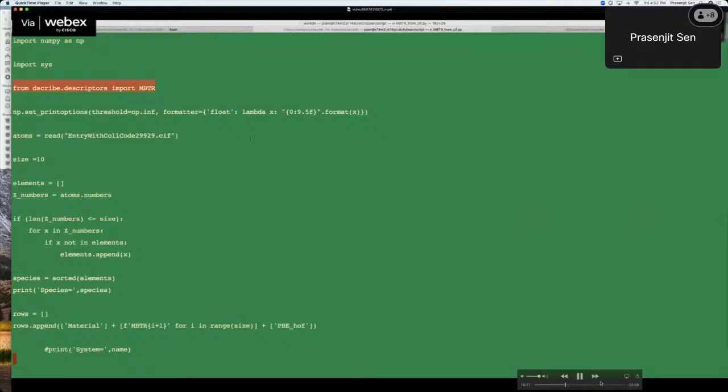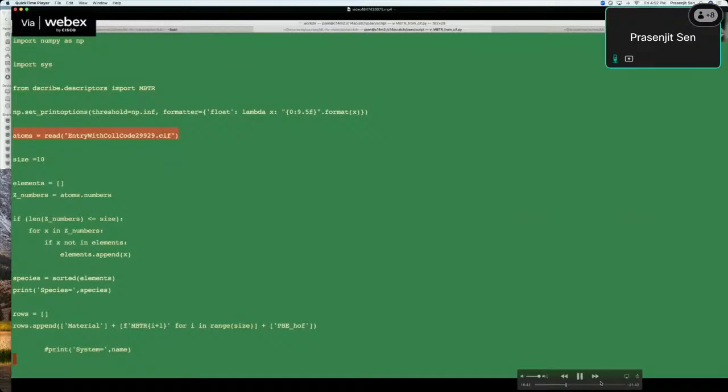From the Describe descriptors, you import MBTR. So what is that library, what is that function that you have to import from Describe? You can check the GitHub page of Describe, go to their documentation and check it. So when you are constructing MBTR, you have to import it.